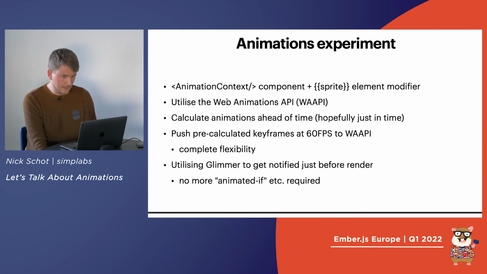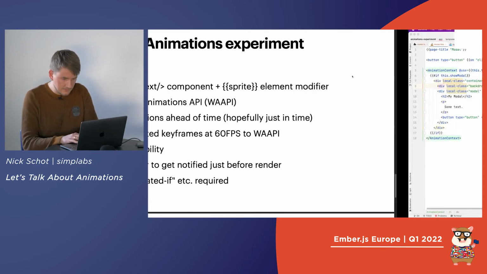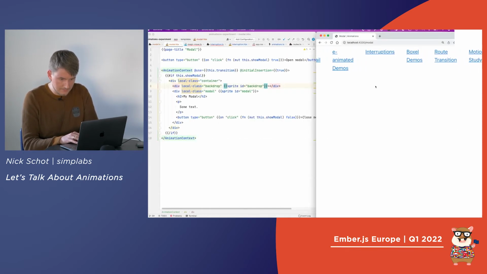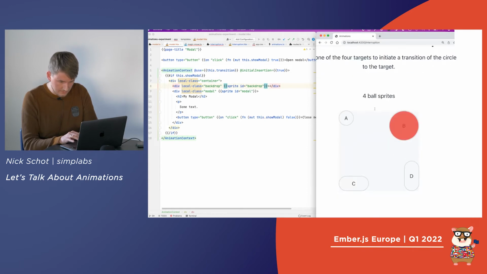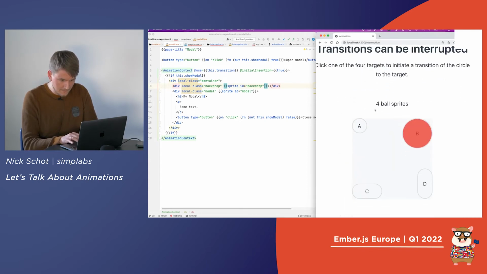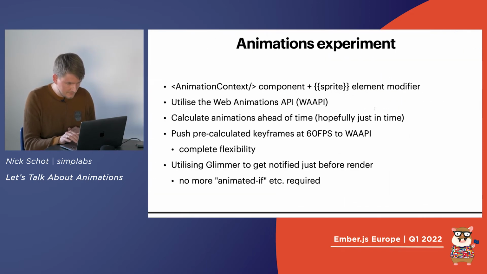What we do in this experiment is push pre-calculated keyframes at 60 frames per second to the Web Animations API. Because of the limited default set of easings, by pushing 60 FPS, we can calculate more complex easings like spring animations. I think this one isn't on yet. I'll get to this demo in a bit where we can see that.